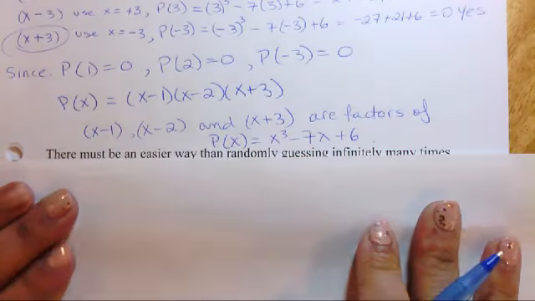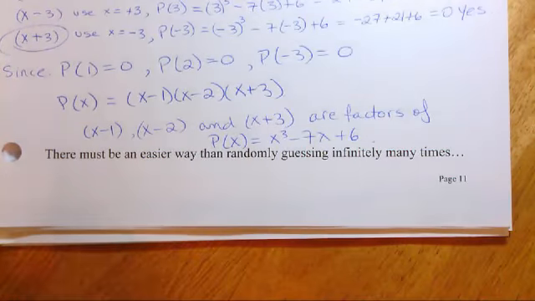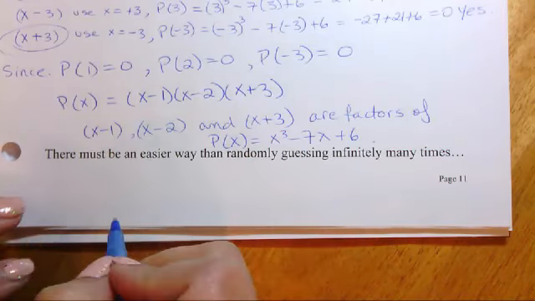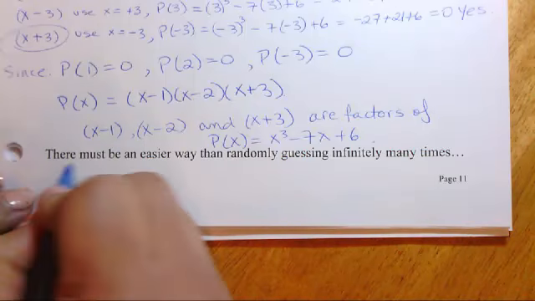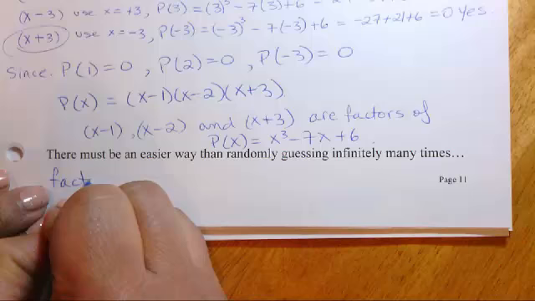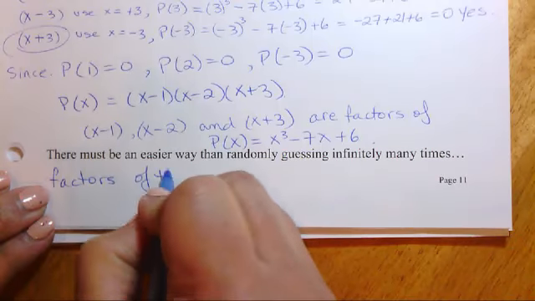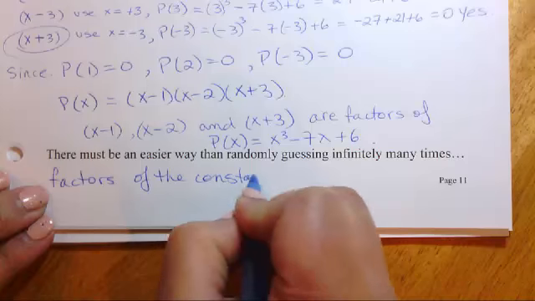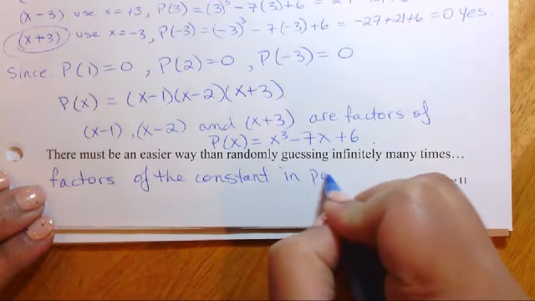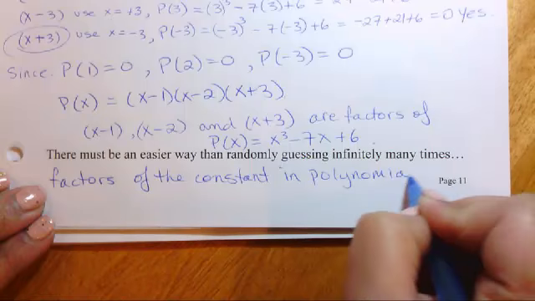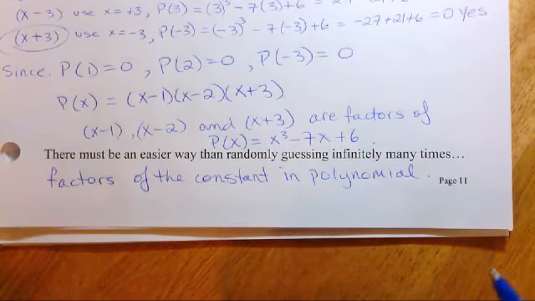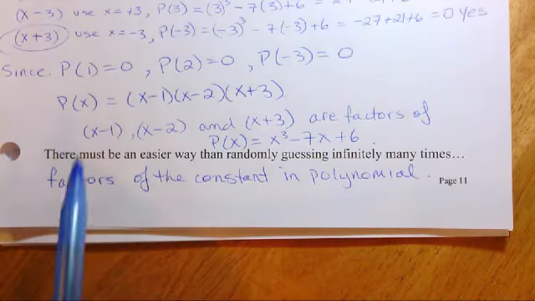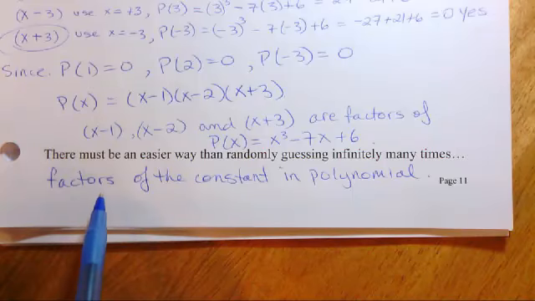All right, so just to reiterate what I said earlier, what we want to do is use the constant in the polynomial, and take the factors of the constant to decide what numbers we're going to plug in to see whether or not there is a remainder or there is no remainder, which means that it's a factor.